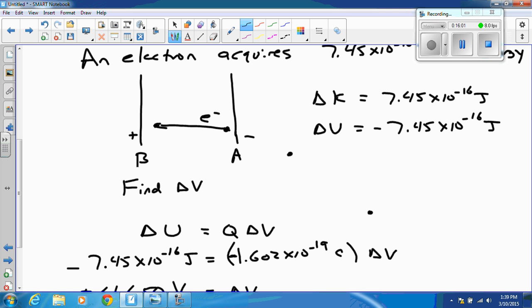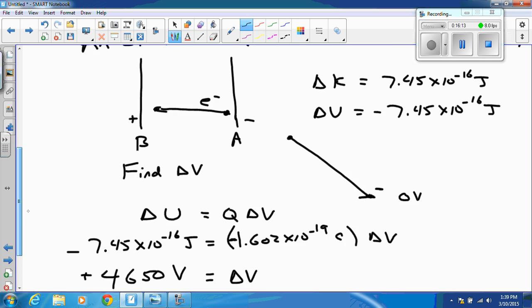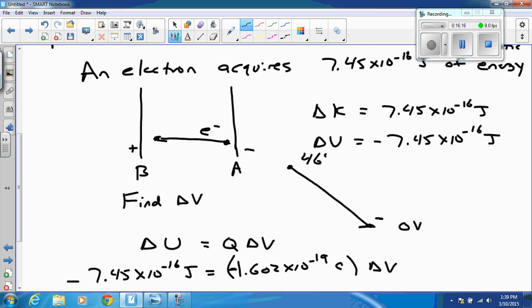What's happening here, if I use height as my analogy, is that I can call some place arbitrarily 0, so I'm going to call the minus place at 0 volts. I'm going to say that's right. And the positive one is now at 4,650 volts.